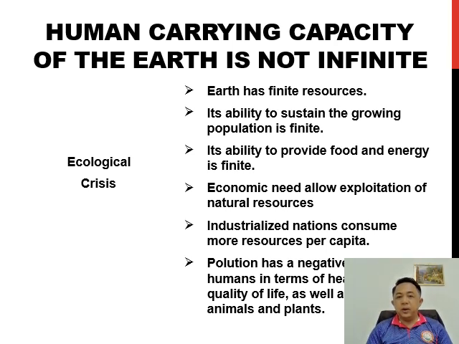So there is also a limit with regards to the amount of food as well as to the energy resources that we have, particularly our dependence on fossil fuels. Now remember, fossil fuels are also finite, meaning they have their limit, they have their time when we cannot anymore acquire or get those kinds of fuel.